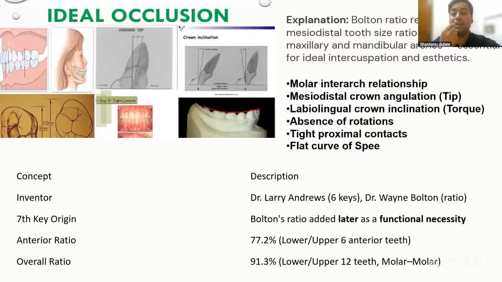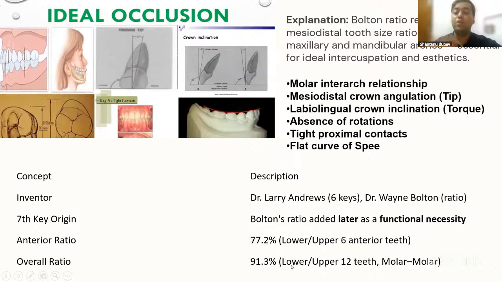Whereas in the lower, the central incisor and the lateral incisor are around 5 to 6 mm, right? They are almost equal, the lateral incisor being broader than the central incisor, of course, but they are incomparable to the mesiodistal width of the upper incisor. Obviously, the upper six would be greater in width as compared to the lower six. Hence, the lower are 77.2% of the upper.